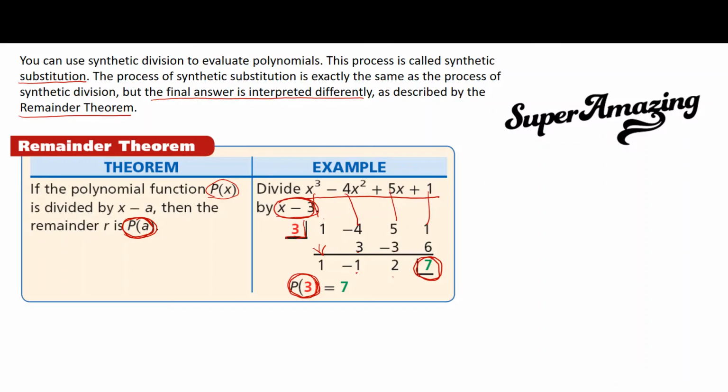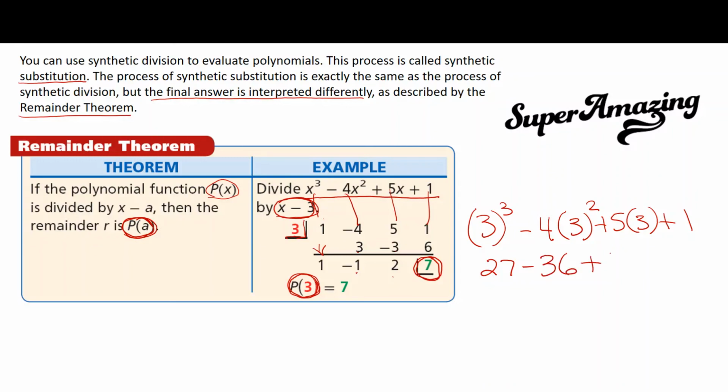We have x to the third, so that's 3 to the third minus 4 times 3 squared plus 5 times 3 plus 1. So 3 times 3 is 9, times 3 is 27, minus 3 times 3 is 9, times 4 is 36. So 27 minus 36 plus 15 plus 1.